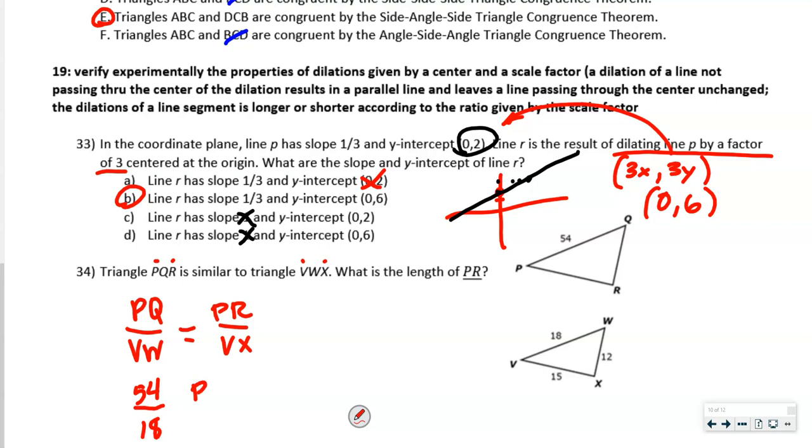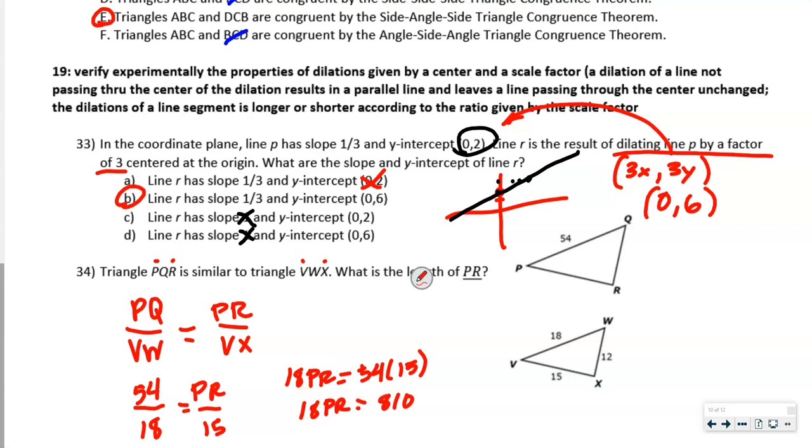So PR over VX was 15, right? We're going to cross multiply here. So 18 PR is equal to 54 times 15. 54 times 15 is 810. Divide both sides by 18. So PR is going to be equal to 45.